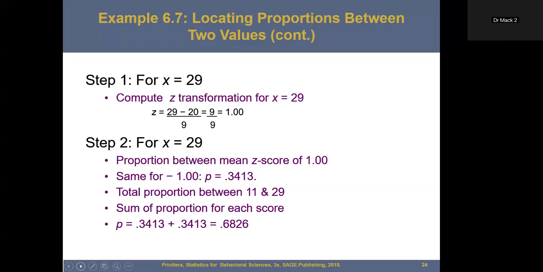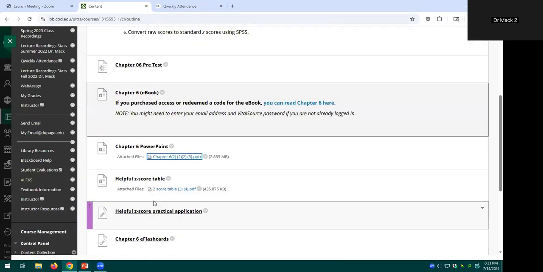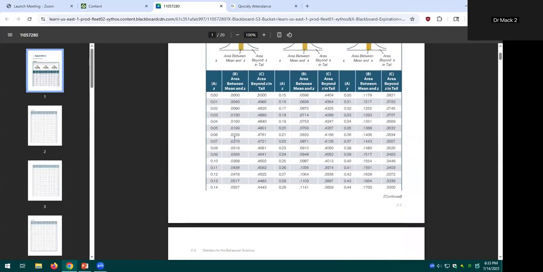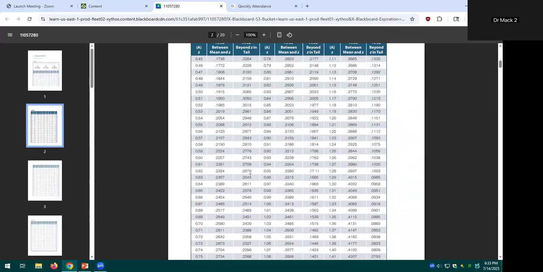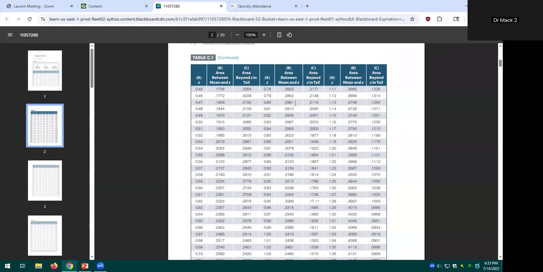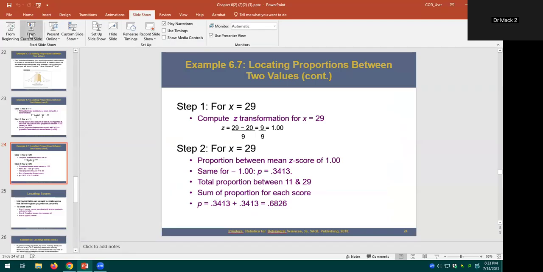So we get the same proportion again, which, if you're wondering where that came from, if you go into the helpful z-score table right here, here's our z. Our z was 1, and 0.3413 is the area between mean and z. That's where that came from. That's where they're getting these numbers from.